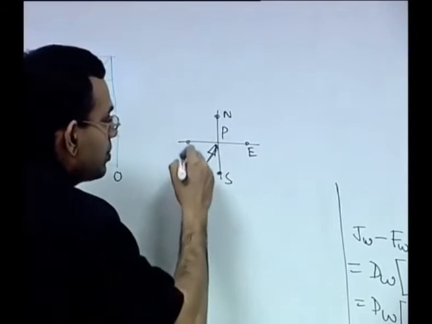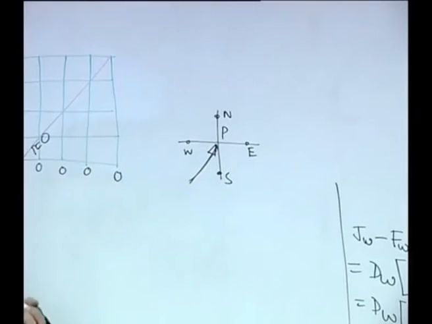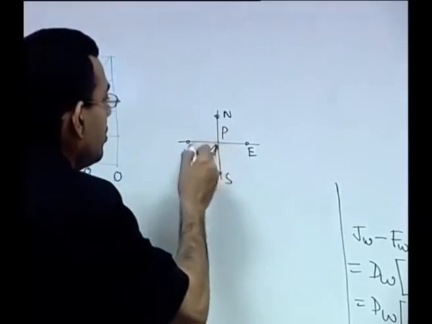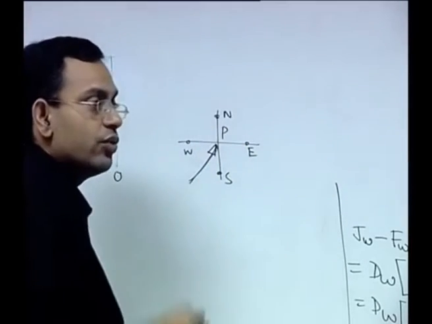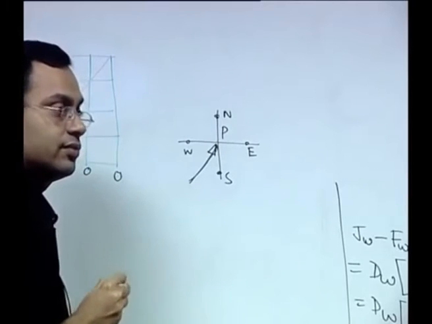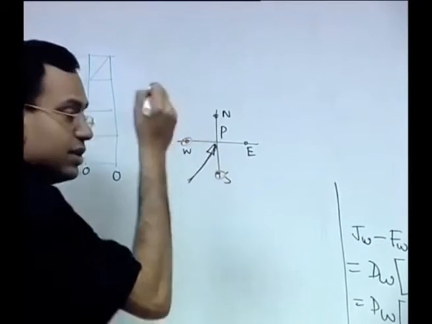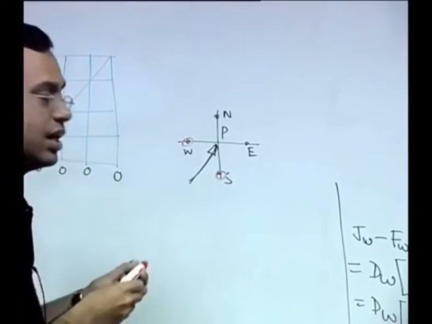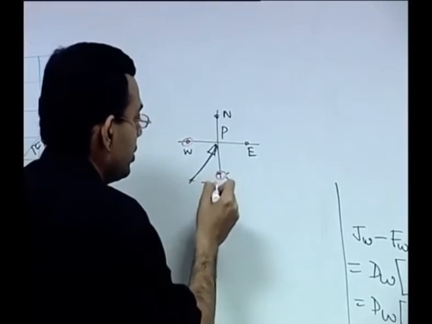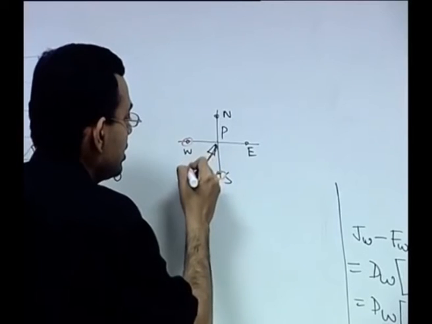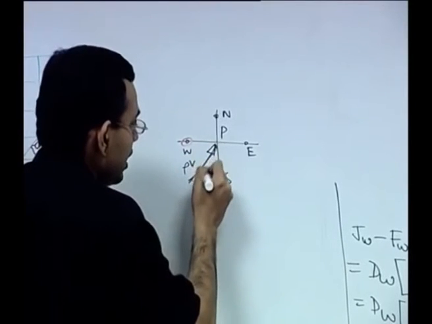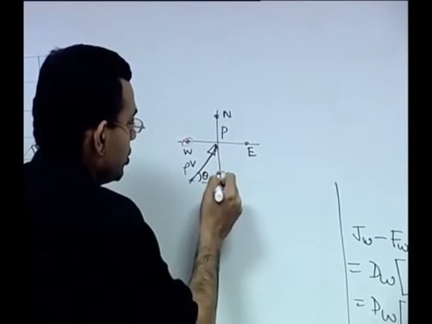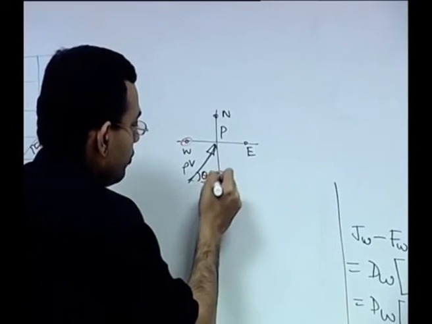So what will be the corresponding coefficients if you use the upwind scheme? Out of these four, W, E, N, S, which two will be effective? W and S, right, because those represent the upstream directions. If you resolve this flow into components, let us say that this is rho V, and this angle theta is 45 degree.